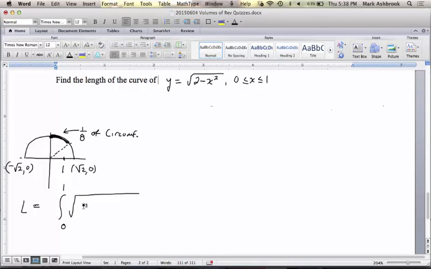No, what is our formula? 1 plus what? The derivative squared, right? Isaiah, did you get the derivative? You have to take the derivative of the function, and then we're going to square that, and then it's going to be dx.